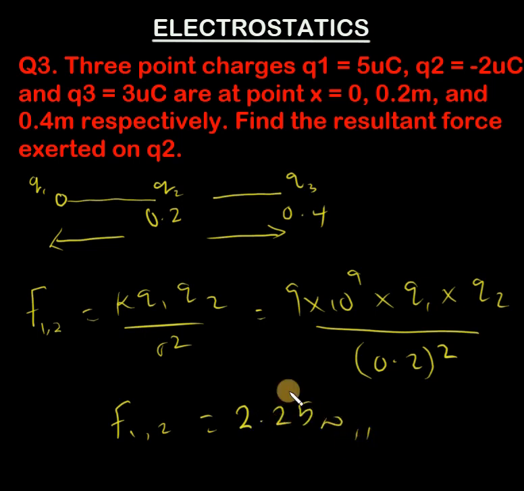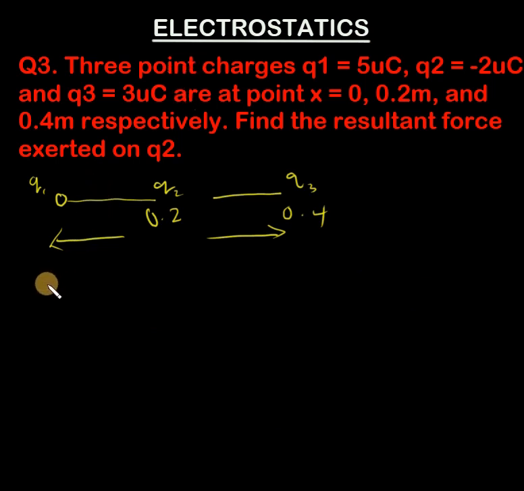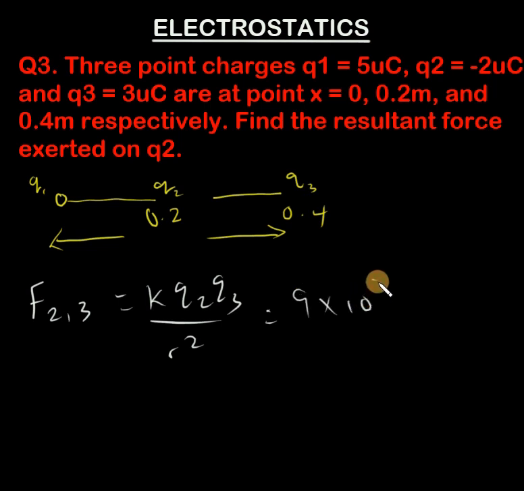Now the next thing we have to solve for is F23, that is the force of attraction between Q2 and Q3. So F23 equals KQ2Q3 over r squared, and that is 9 times 10 raised to power 9 times the value of Q2 and Q3, all over r squared.